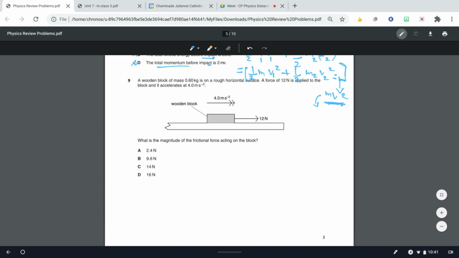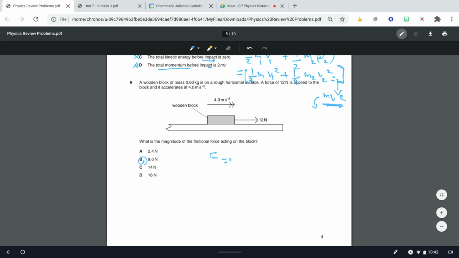I think it's B. B is the correct answer. Well, any other guesses? Somebody selected anything else? No? Well, let's have a look.